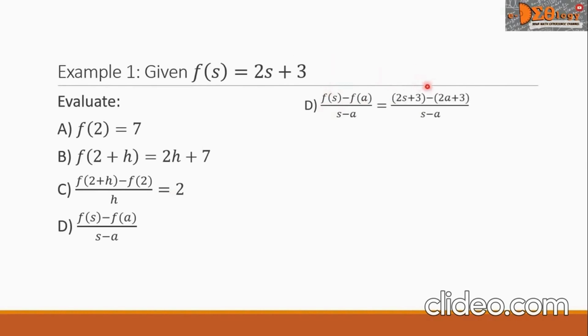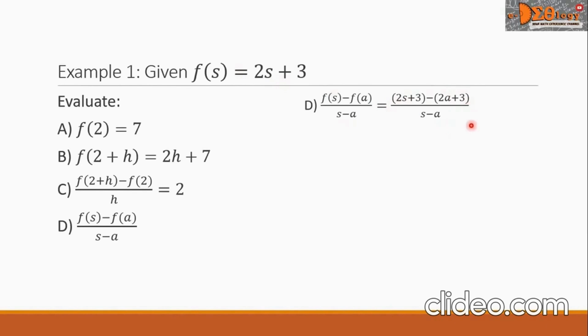Then minus the f of a is this function, but instead of the s, I will copy the a. So you see here 2a plus 3. Then all over, same denominator, s minus a.